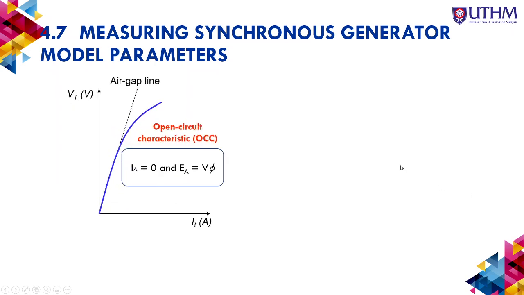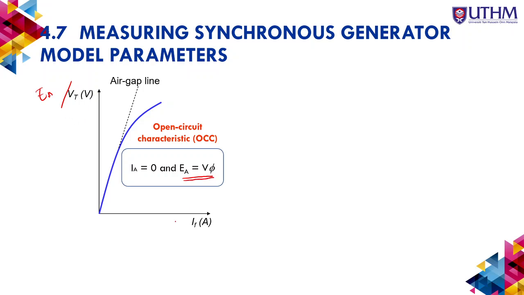So the open circuit test will look like this. Supposedly this y-axis is equal to EA. Since there is no current flow, EA becomes V phase.